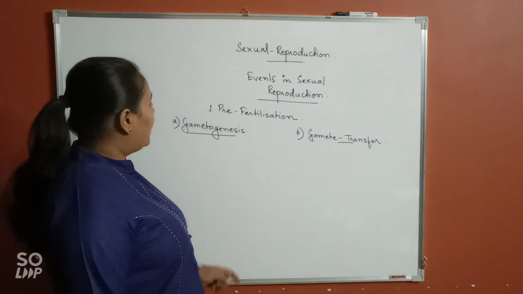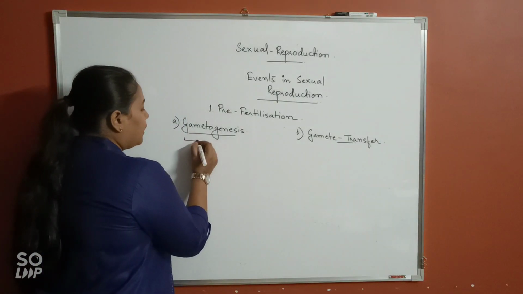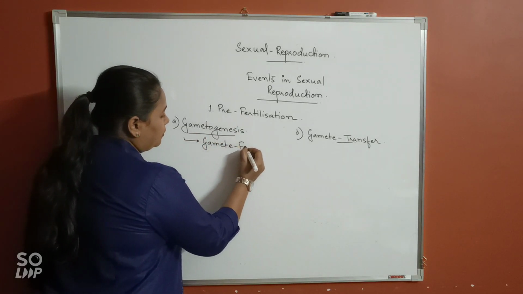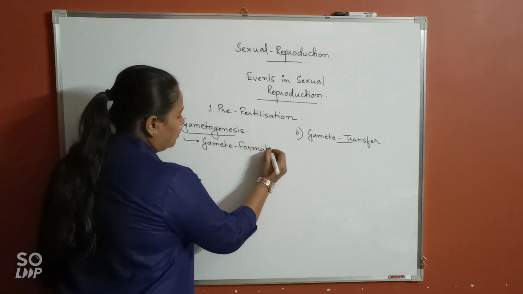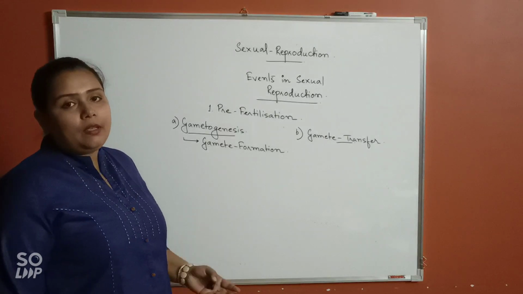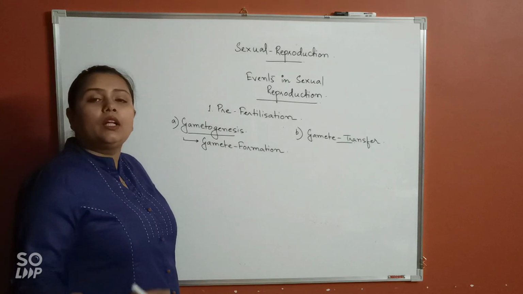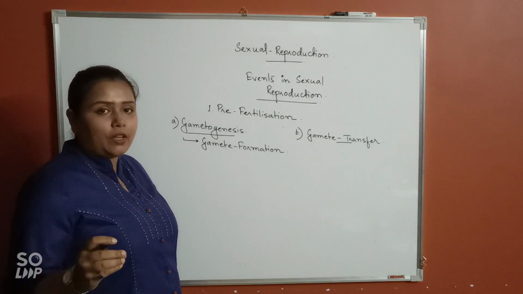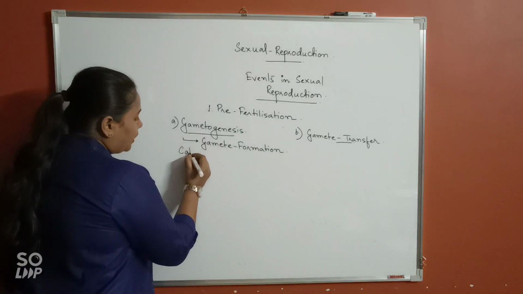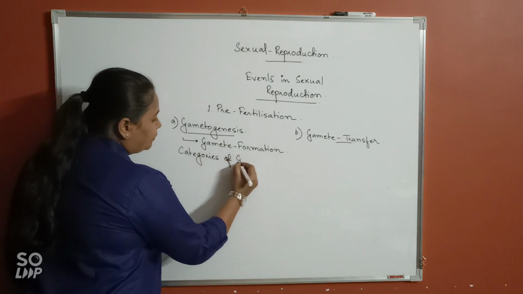Let us discuss gametogenesis. Gametogenesis means gamete formation. Male and female gamete formation is called gametogenesis. Now, there can be certain categories of gametes that are to be marked here.